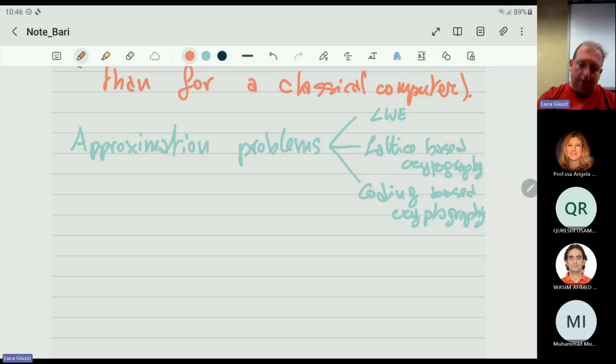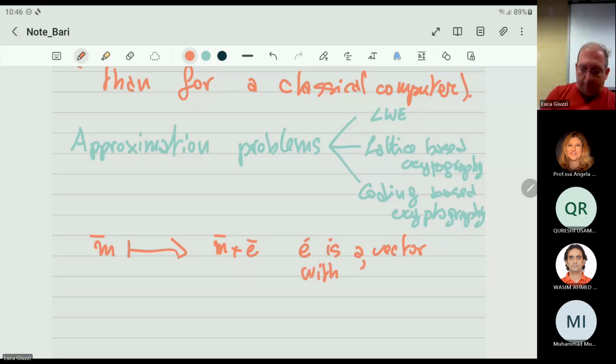I point out that I don't know whether any of you is familiar with error correcting codes, but error correcting codes are something which is used basically in all communication systems. The idea of an error correcting code is that you send a message, M, and then your recipient receives M plus E, where E is a vector with few non-zero components.